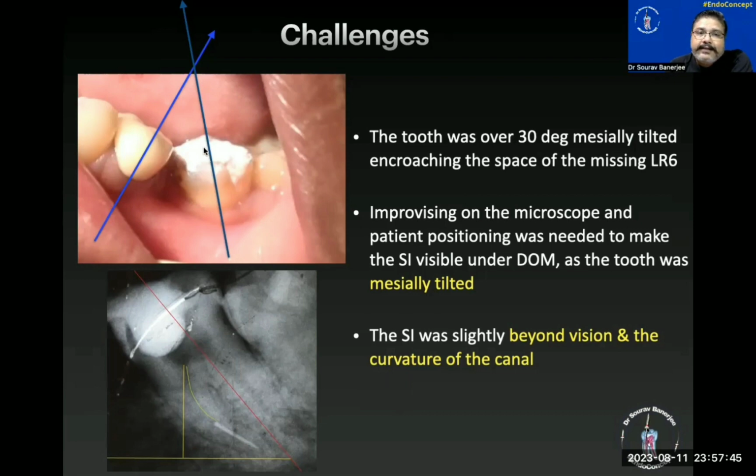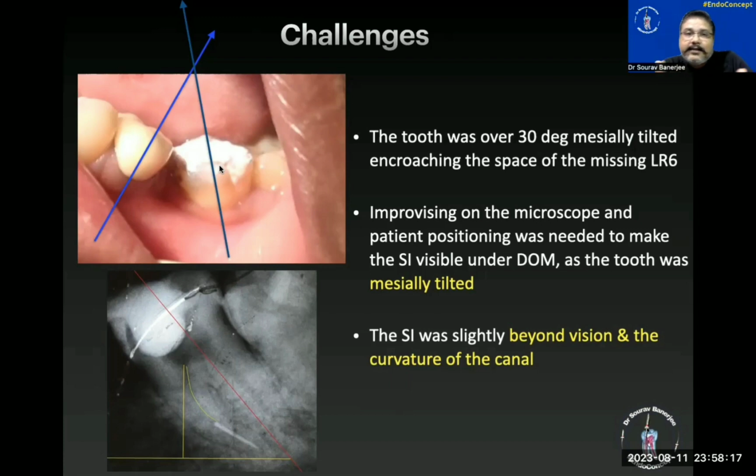Here we can see the mesial tilt of the tooth, which was almost 30 degrees, creating a lot of difficulty, because when we do a retrieval procedure or any endodontic procedure under the microscope, it needs the occlusal table to be parallel to your mirror. So that was the difficulty here.